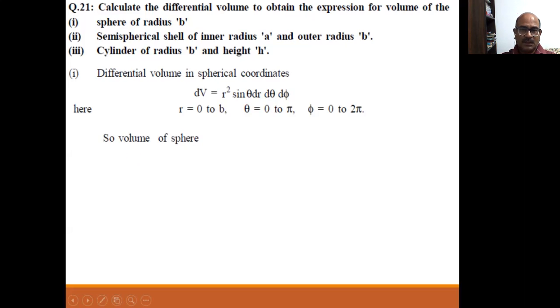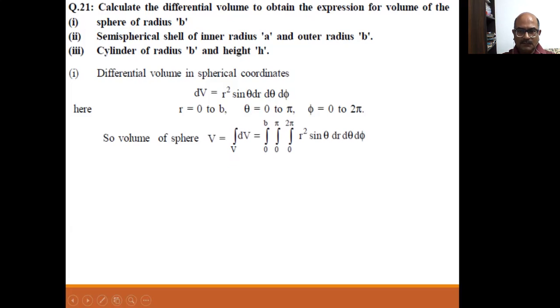So the volume of the sphere, if we integrate this small differential element dv, is the integral of dv, but there is a triple integration. First integration for the first parameter r, 0 to b, then theta 0 to pi, and phi 0 to 2 pi.